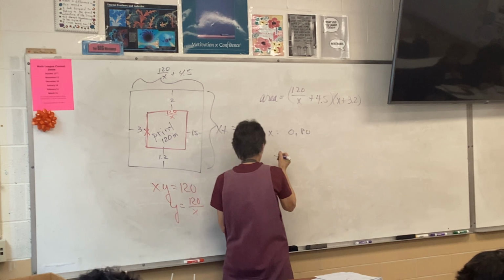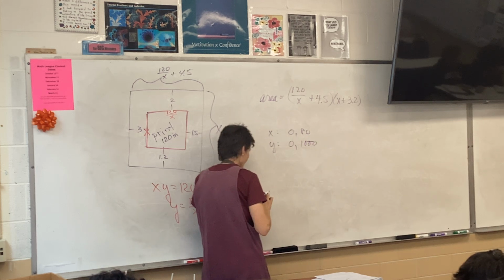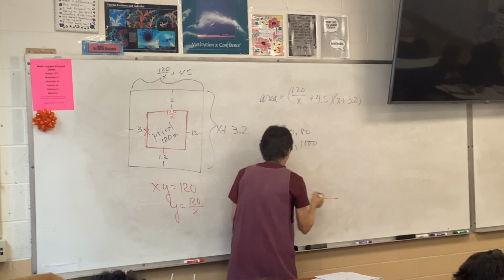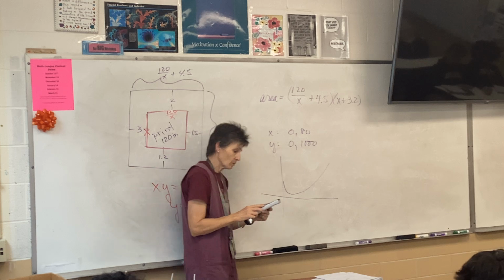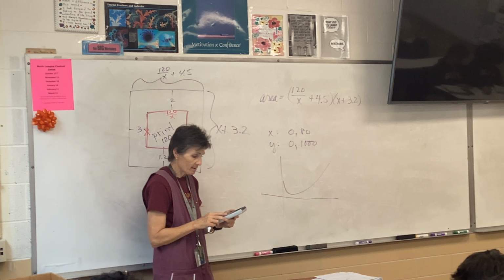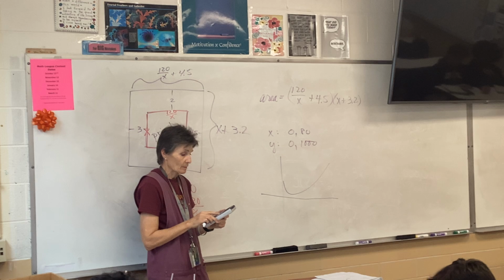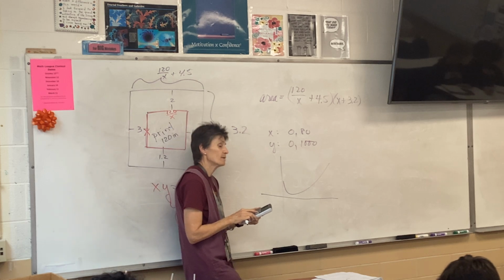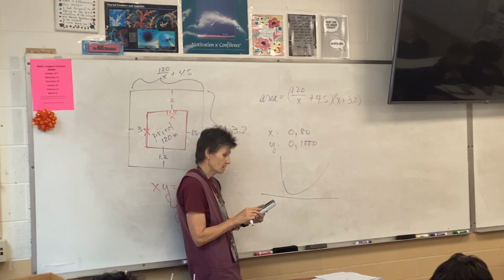My X's were 0 to 80, and my Y's were 0 to 1,000. And when I graphed that, I got my handy dandy little Nike swoosh, so I could very clearly see my minimum. So again, I just played around with it. Nobody's gonna be giving me that information on test day. You're gonna have to be patient, play around with it.